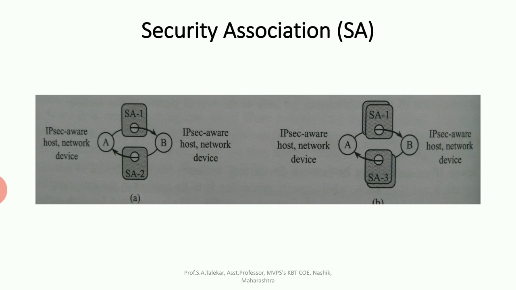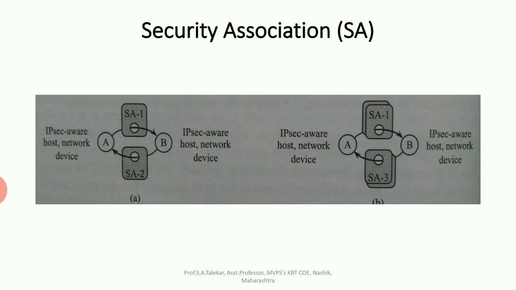Security associations are negotiated and implemented using IKE, the Internet Key Exchange protocol, which we'll describe in the last slide, and are maintained in the security association database. Each security association is associated with an identifier, the security parameter index, SPI.